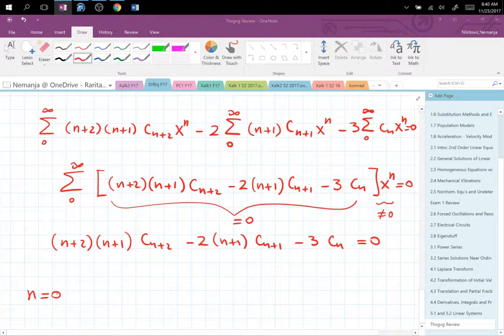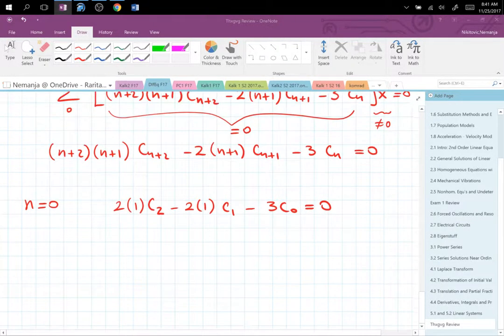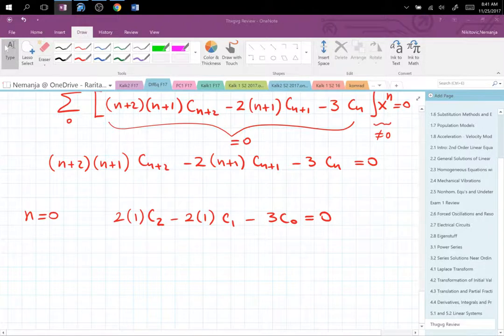When n is equal to 0, we have 2 times 1, C2, minus 2 times 1, C1, minus 3, C0, equals 0. So when n is equal to 0, we replace all n's with 0, and we have this first equation. And now we simplify this equation.